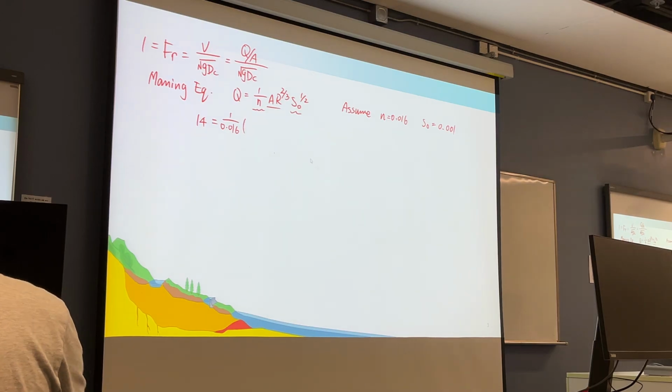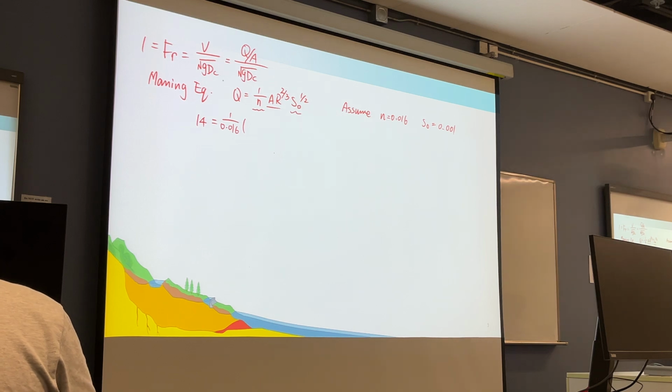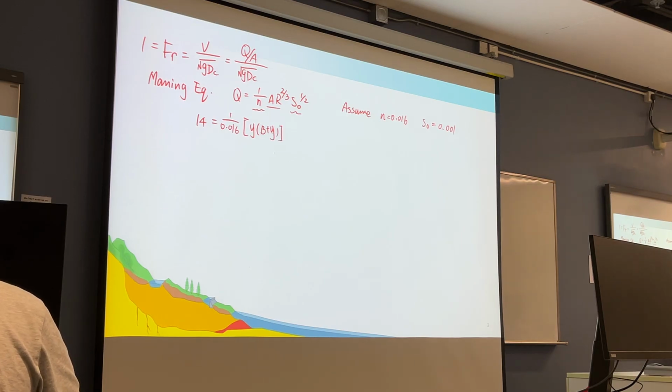The area, we know that it is equal to y times (b plus 2y)... y times (b plus y). R is A over P, then slope, this is power 2 over 3, S_0^(1/2).